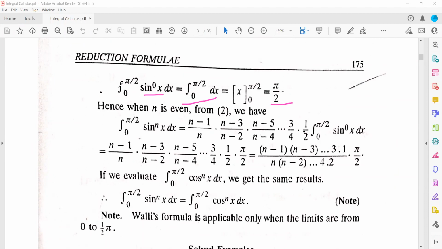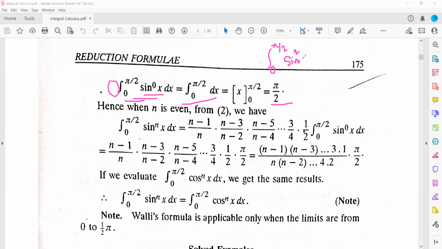Now, in the similar question, tell me what will be the coefficient of this integration. Before this integration, what will be the power of sine? Can anyone tell me what will be the power of sine before this integration? 2.